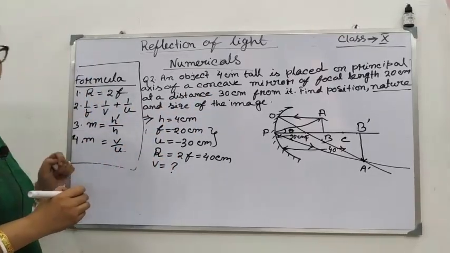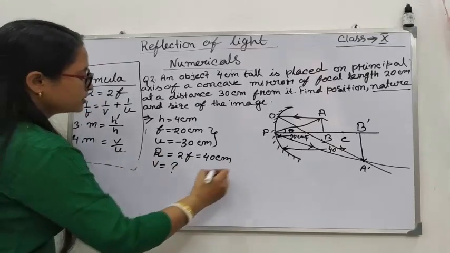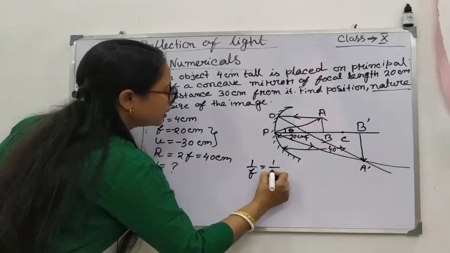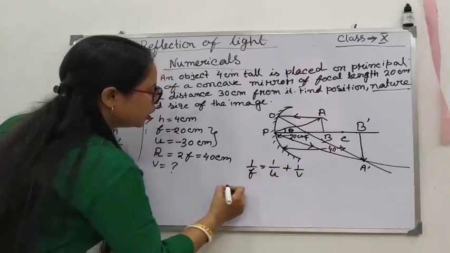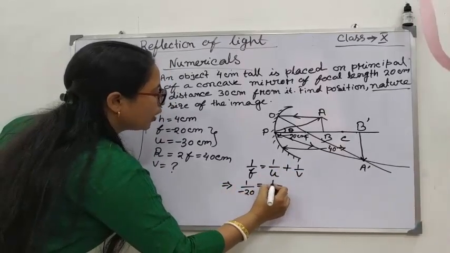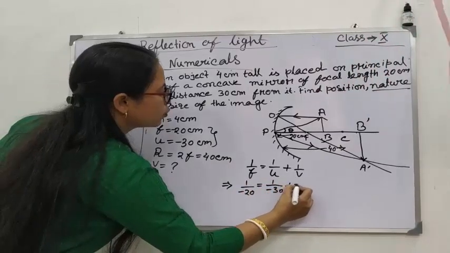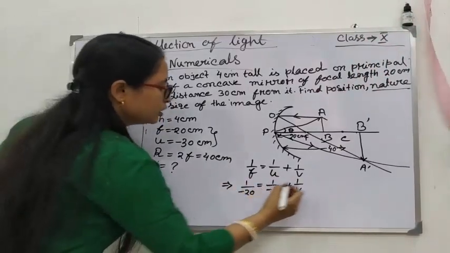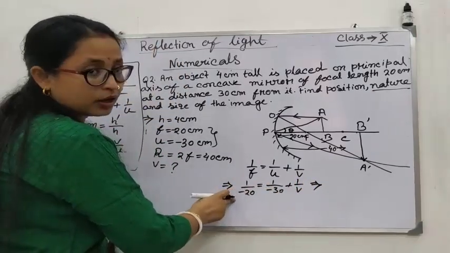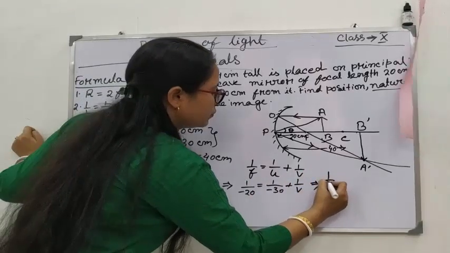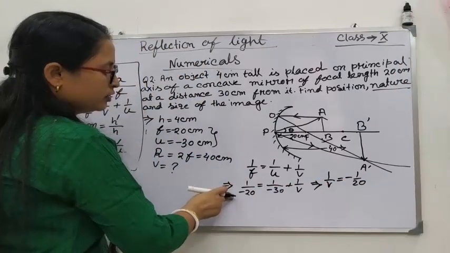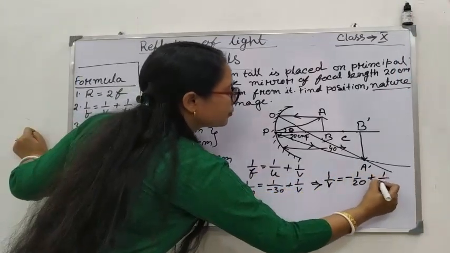Now use the mirror formula. What is the mirror formula? 1 by F is equal to 1 by U plus 1 by V. Put all these values. 1 by minus 20 is equal to 1 by minus 30 plus 1 by V. If you take this to this side, then 1 by V is equal to minus 1 by 20, minus, and after coming this side it becomes plus.